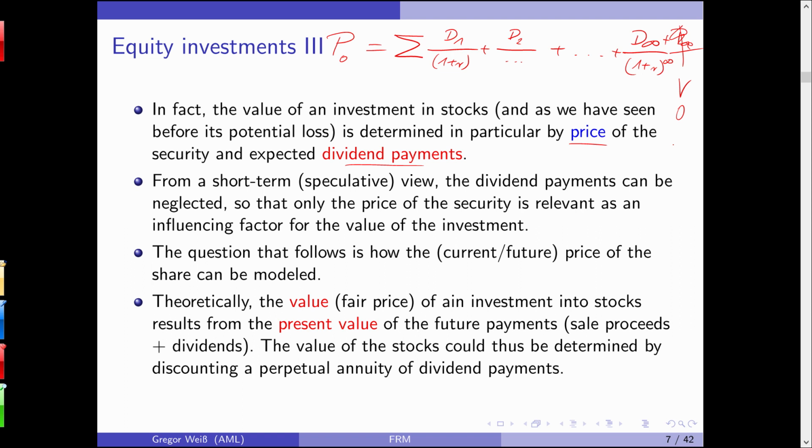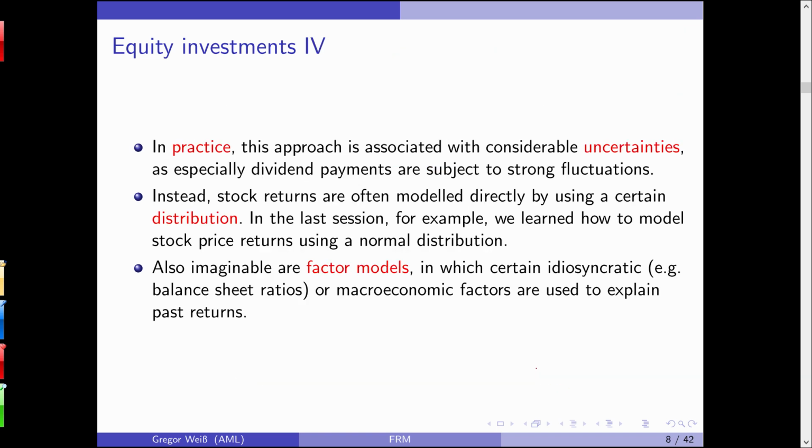So you, as a long-term investor, should neglect it. What you see is that today's price of the stock should just reflect the present value of all future dividend payments. It's quite simple. So it's a perpetual annuity of the dividend payments.